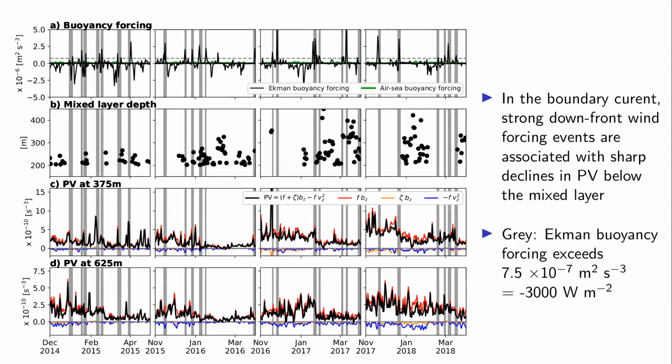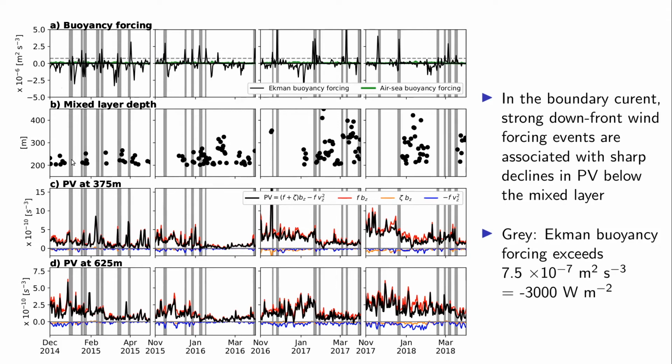And now in this plot here, I'm showing that there's actually a subsurface response to this Ekman buoyancy forcing. So in the top panel, I'm showing a time series of the Ekman buoyancy forcing, and positive Ekman buoyancy forcing, shown in black, is going to be the forcing that would extract PV, or the forcing that's sort of analogous to cooling or brine rejection.